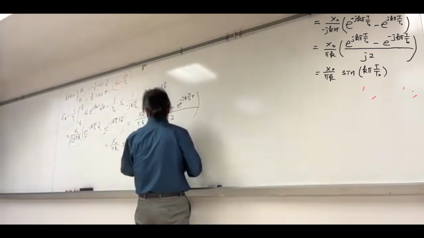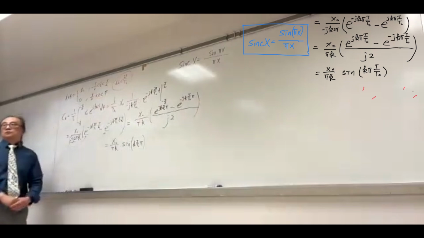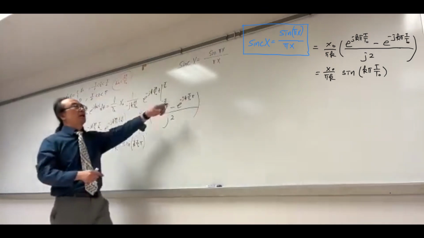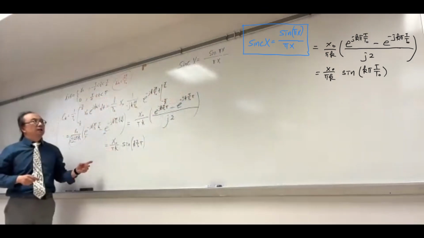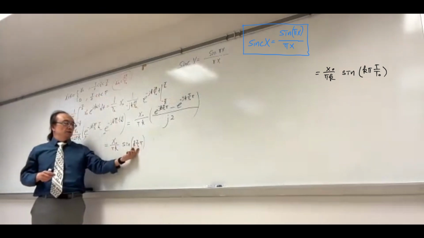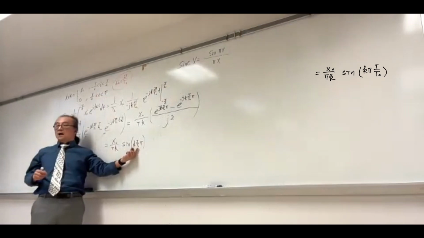When you have a sine with the pi, we have the sinc function. For the sinc function, the pi is inside of that. So we need to have a numerator and denominator with the pi x, and the sine. Then we can change that to sinc. So we have a pi, and inside we have k T over T naught.